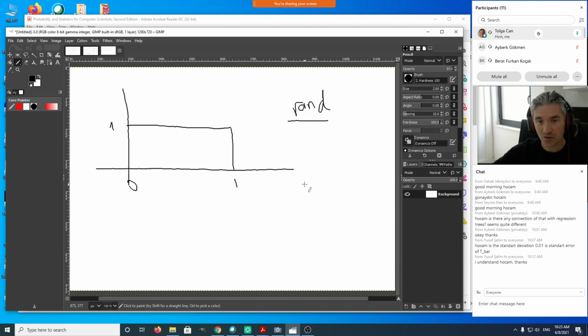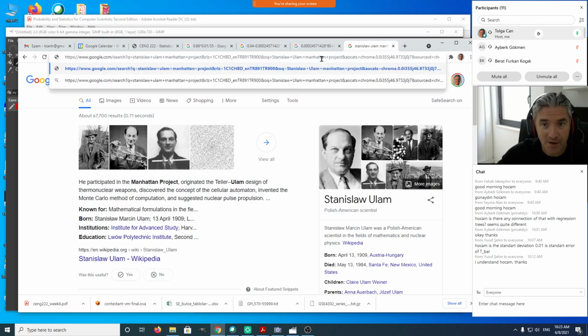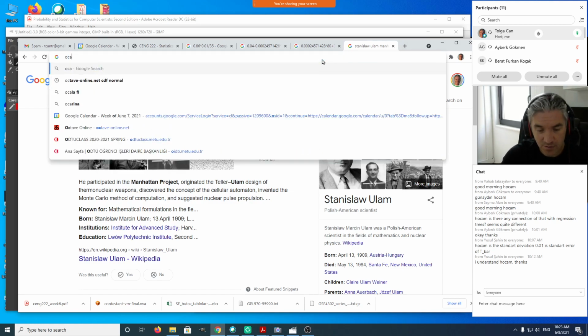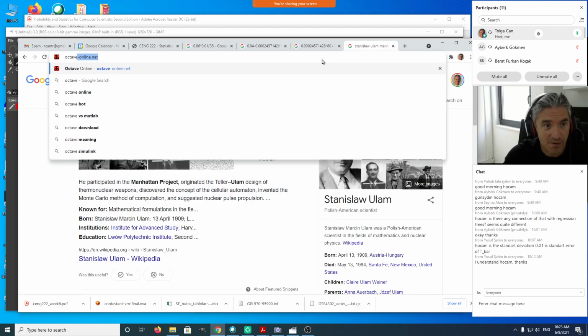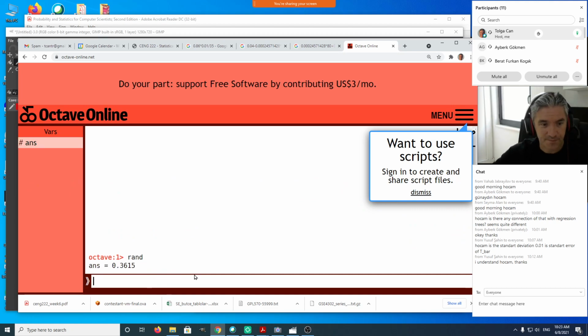We will be using this single rand function in Octave Online. Let's go to Octave Online, octave-online.net.